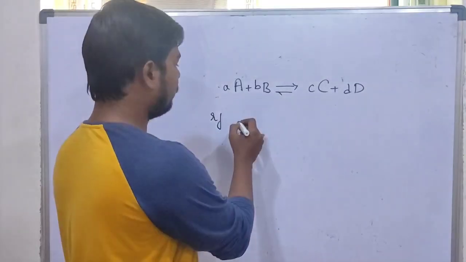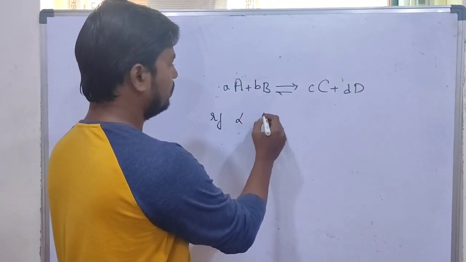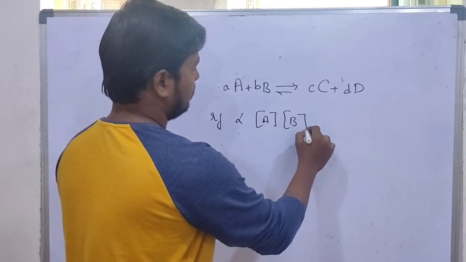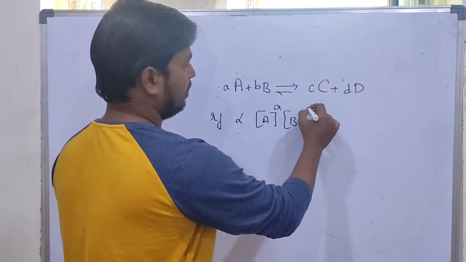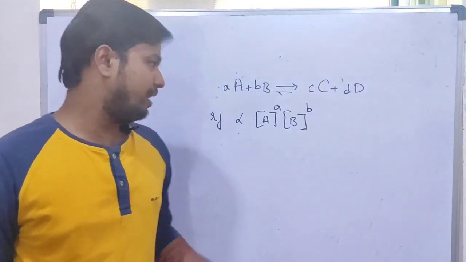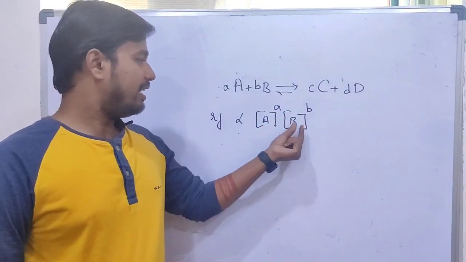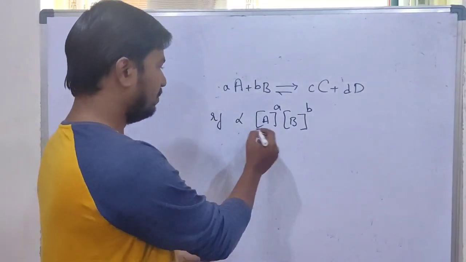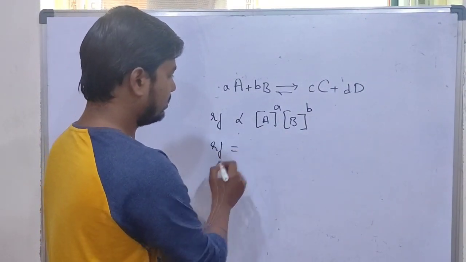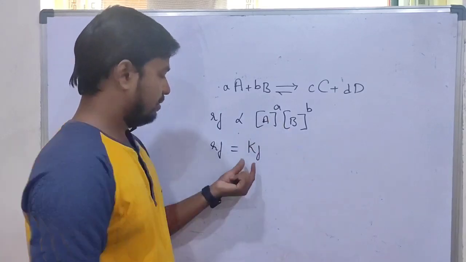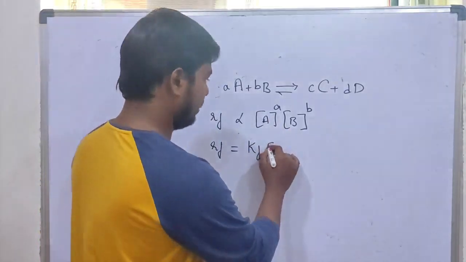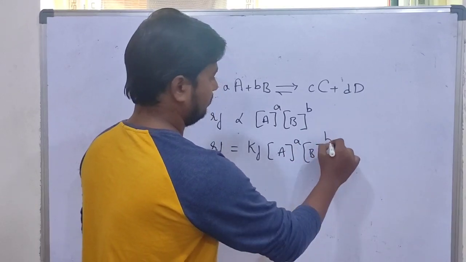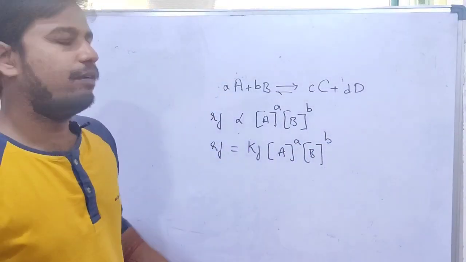The rate of the forward reaction is directly proportional to the concentration of A and B raised to their stoichiometric coefficients a and b, and this capital A and capital B are the active masses. If we remove the proportionality constant, we write Kf. This is the rate of the forward reaction.